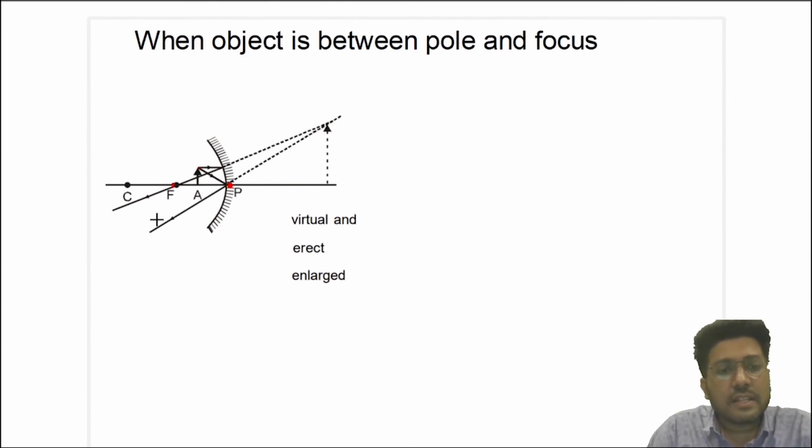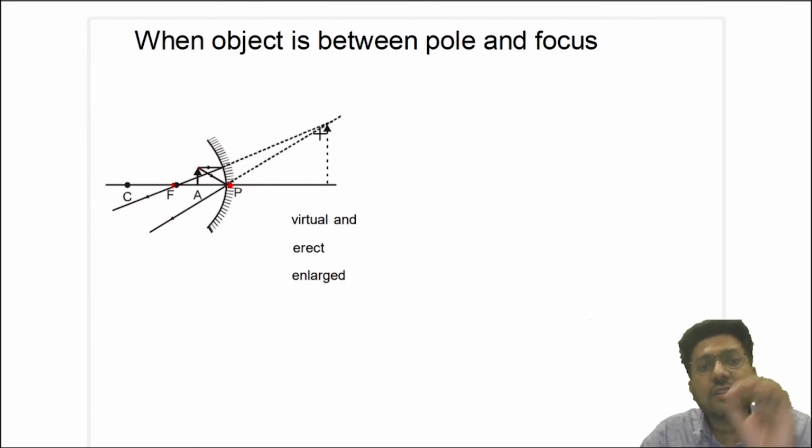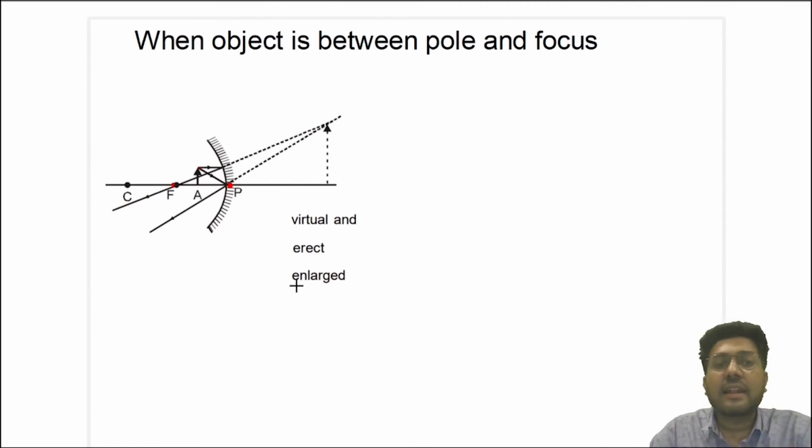So this is the reflected ray, this is the reflected ray. Now here it is not intersecting, it is intersecting behind the mirror. That means the intersection is virtual, that means the image is virtual. Okay, the image is virtual, it is erect and enlarged. I've already told you, for real object real image is always inverted and virtual image is always erect, right? And this virtual image here is enlarged.